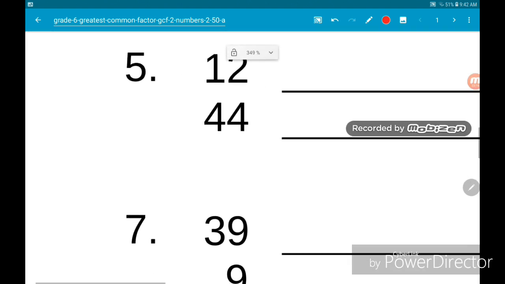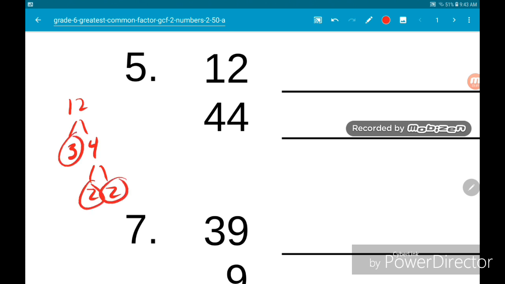This one's easy. At least the 12 is. 3 times 4. So we take 12, break it down to 3 times 4. Very tedious, very straightforward, but easy to make a mistake. 4 is 2, 2. Prime factorization, 2, 2, 3 for 12. Now 44.